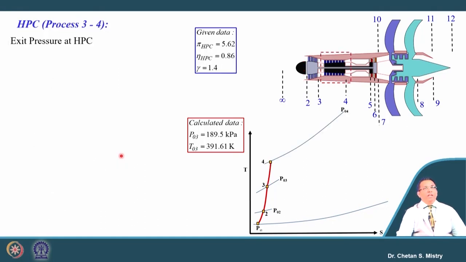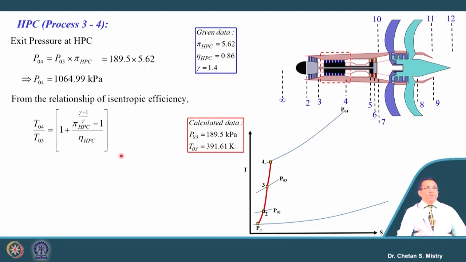Now, let us look at the next component, the HP compressor. For the HP compressor also we have the pressure ratio, which is 5.62, and the efficiency is given as 86%. Based on the pressure ratio we can calculate our outlet pressure, which is 1064.99 kilopascal.